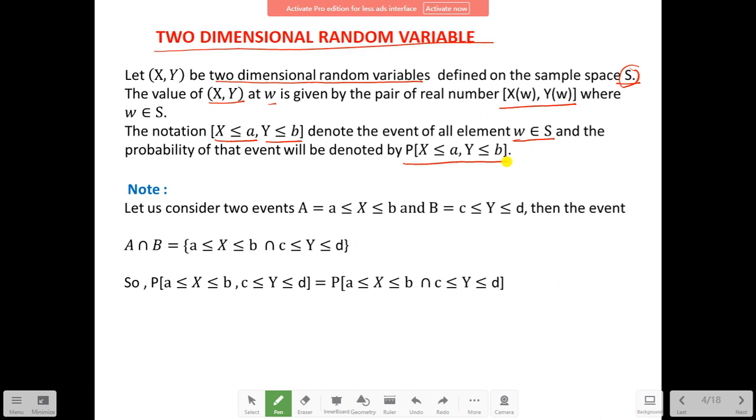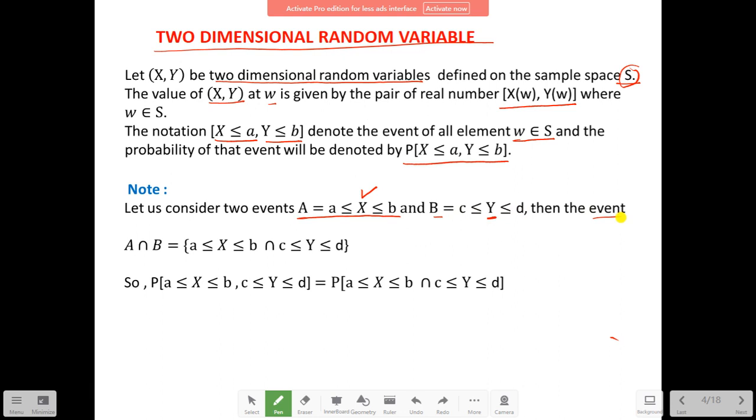In that case, let us consider two events. A is the event when the random variable X is greater than or equal to a but less than or equal to b, and the event B is when the random variable Y is greater than or equal to c and less than or equal to d. Here a, b, c, d are constants which belong to the set of real numbers.